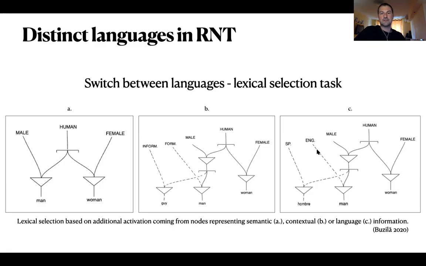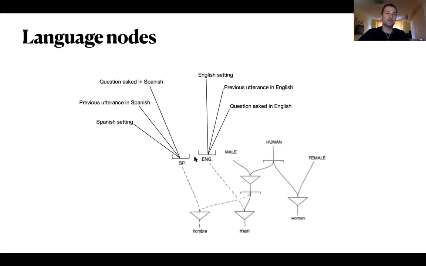So in this kind of view, languages within a relational system will actually be implemented as just two different nodes. Now, of course, these different nodes will be activated by a wide array of other nodes accounting for different kinds of information.